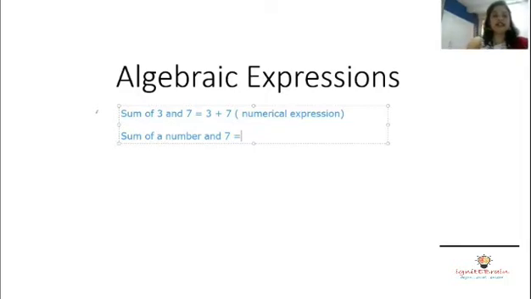So we can simply write it as x plus 7. Here, variable x can take any numerical value, right? As this expression contains a variable, it is called an algebraic expression.